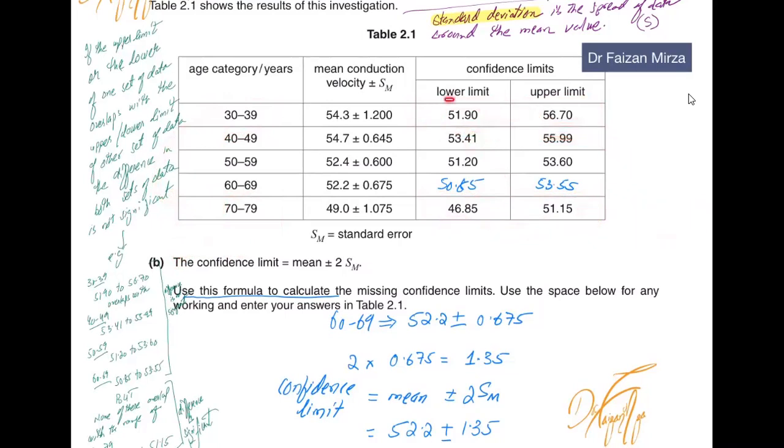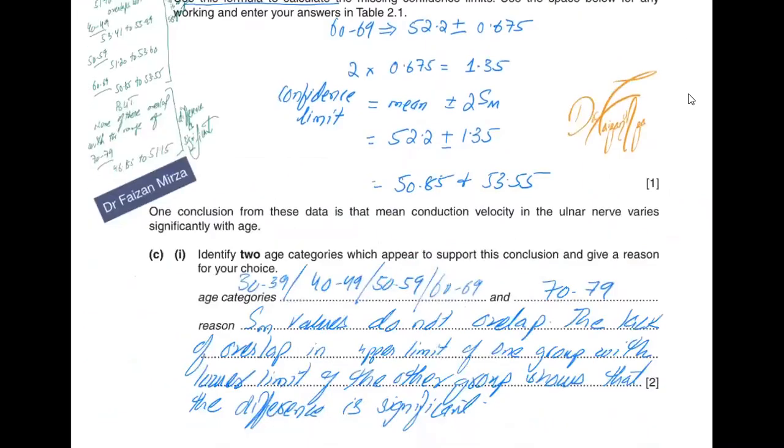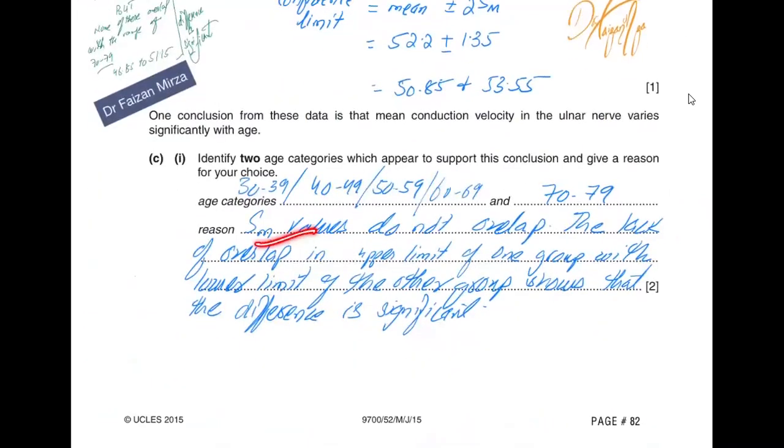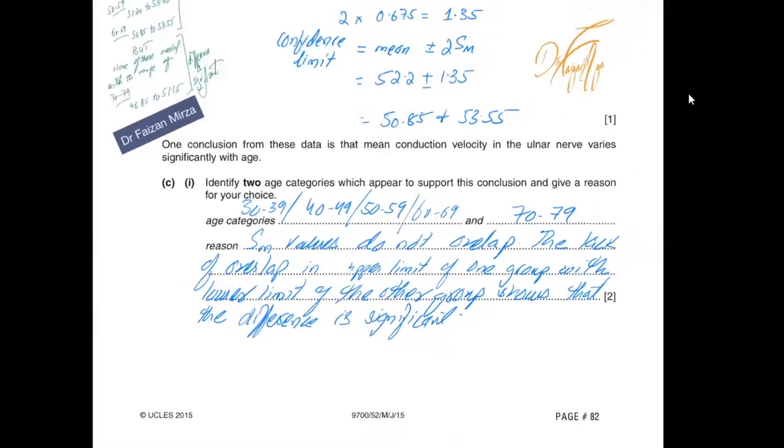So there is no overlap in the lower limit of this particular age group and the upper limit of the other age group. So when there is no overlap of the SM values, it means that the difference you are seeing is actually significant. The difference here is in the nerve conduction velocity, and age is a significant factor contributing to that particular change.